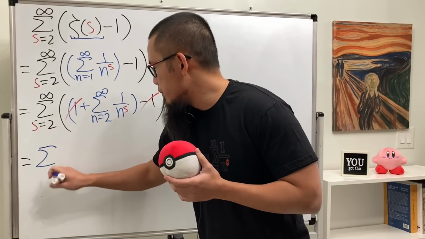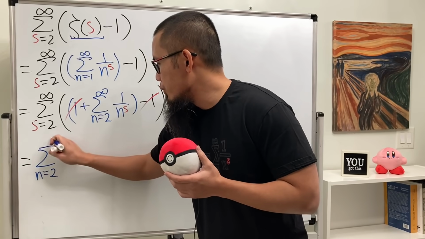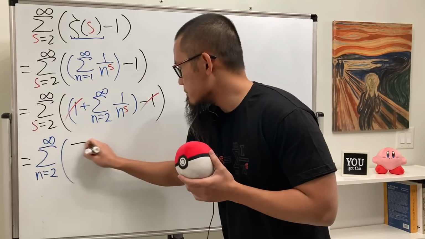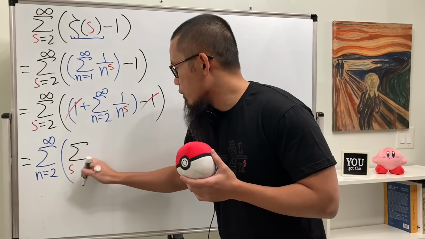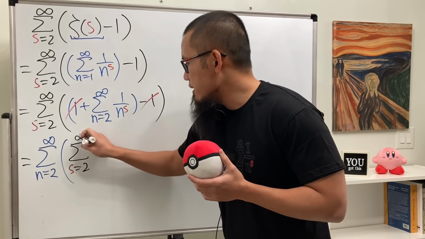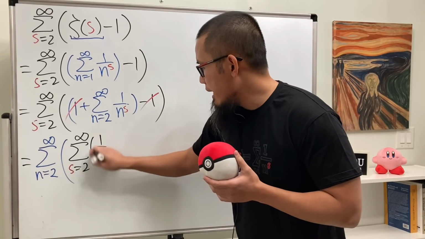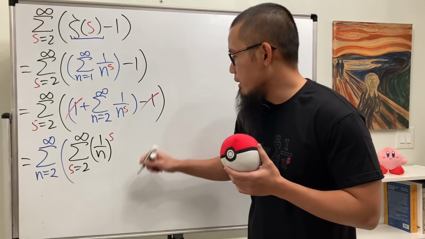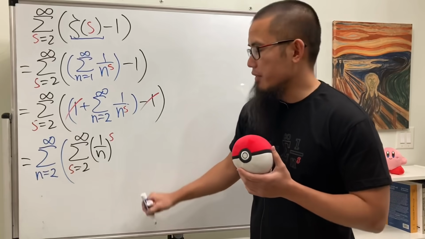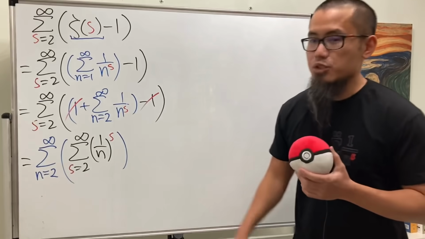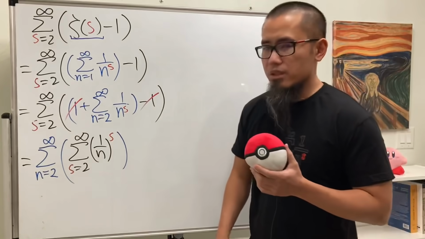So the series as n goes from 2 to infinity. And we have this, the series as s goes from 2 to infinity. And for this right here, I'm going to write it down as 1 over n and then raised to the s power.